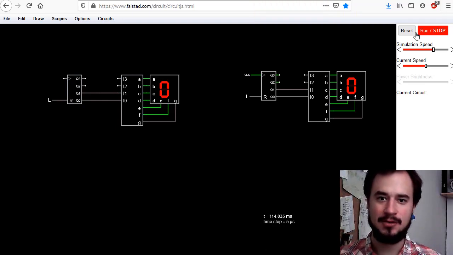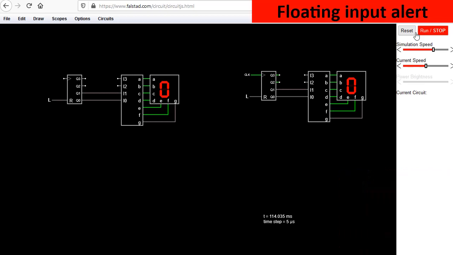Wait! You left the input floating. Oh, I'm sorry, you're totally right. What a shame. Okay, so basically you cannot leave input of digital or analog circuit unconnected unless you really know what you are doing.